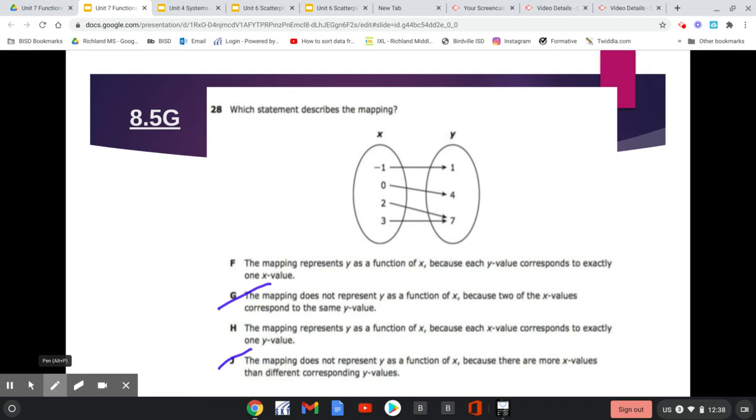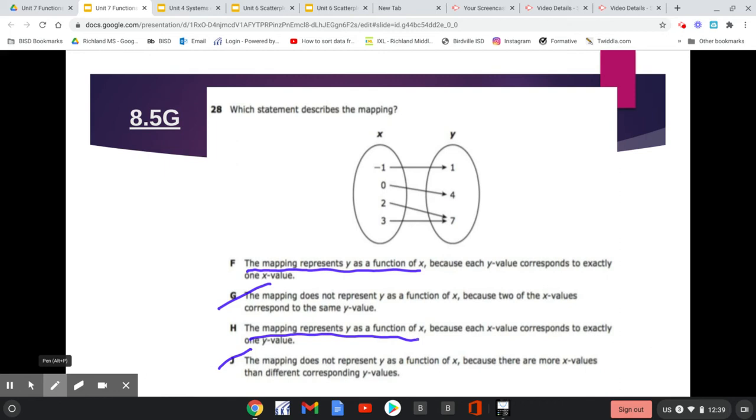So let's see what's different between the answers. The mapping represents y as a function of x. That is the same on both answers. And then they have it switched. F says because each y value corresponds to exactly one x value. And then on H, it says because each x value corresponds to exactly one y value.